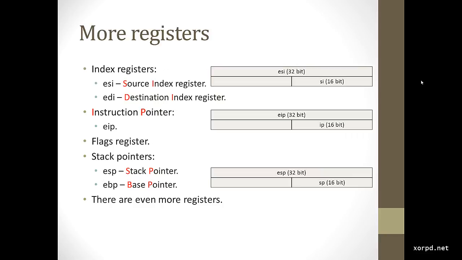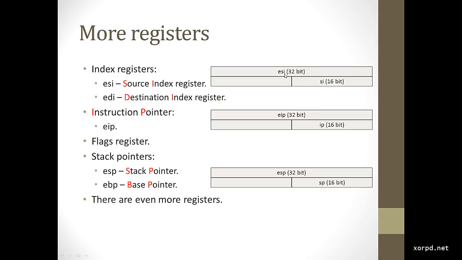Some more registers. The index registers, ESI and EDI. ESI is the source index register, and EDI is the destination index register. Another very important register is the instruction pointer, also called EIP. Just like the other registers, those registers also have a smaller counterpart.